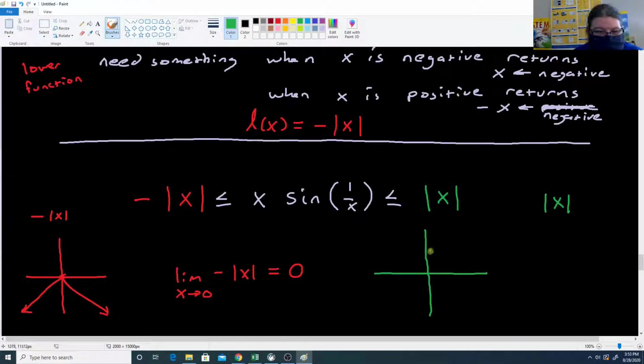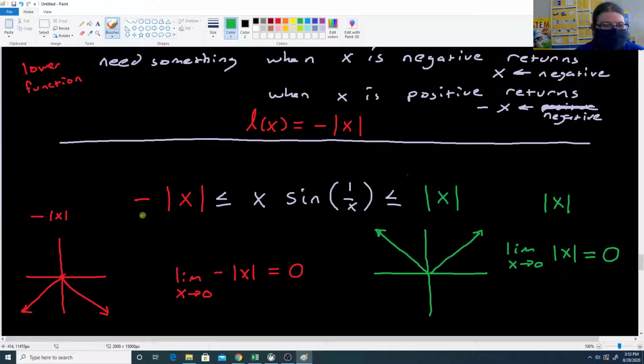Regular absolute value of x just looks like a V shape, kind of like that. And we would say the limit as x approaches 0 of regular absolute value of x: as you approach x equals 0 from the left, the y values approach 0. As you approach x equals 0 from the right, the y values along the function also approach 0. So the left-hand limit approaches 0, the right-hand limit approaches 0.